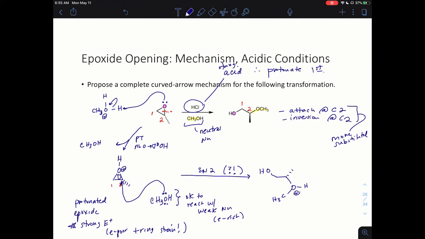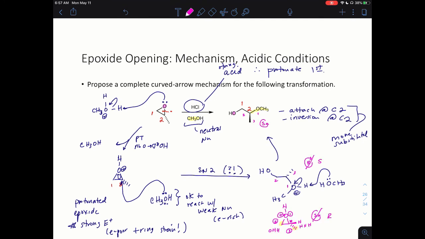Here we have the intermediate, and then the intermediate will be deprotonated by methanol. Methanol is the base here, and generate this product. And we're showing an SN2, so this needs to occur with inversion of stereochemistry.